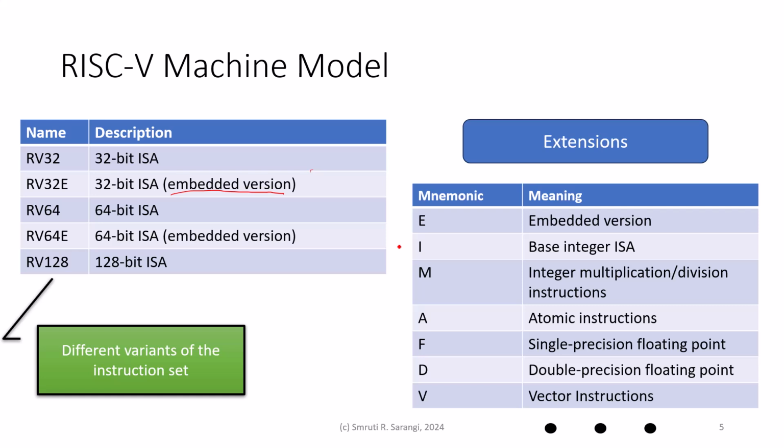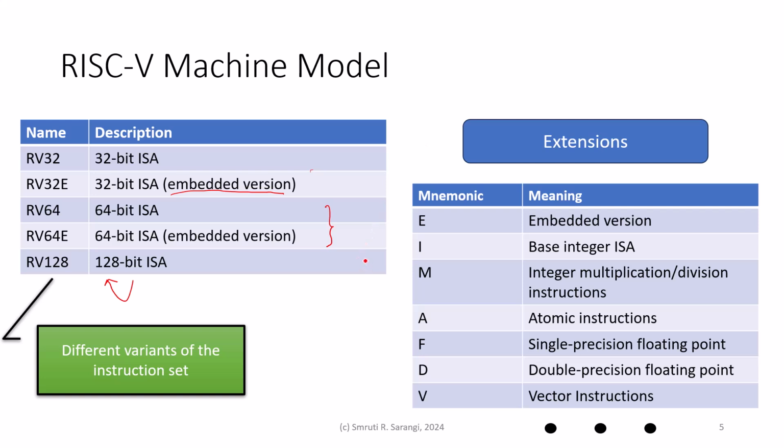Then for large server class machines, there is the 64-bit ISA, which again comes in two variants, right? So you can have a 64-bit ISA for a server class machine and an embedded variant, particularly for high performance embedded systems. And then, of course, a 128-bit ISA where the data path is really wide. So this is mostly for SIMD kind of instructions where we want to pack a lot of data items in the same memory word.